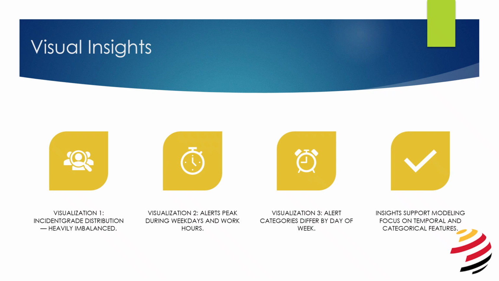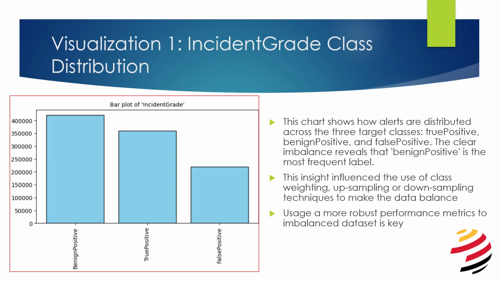Let's take a closer look at the first visualization, the class distribution. This chart shows how alerts in the dataset are distributed across the three target classes: true positive, benign positive, and false positive. As you can see, there is a significant class imbalance.